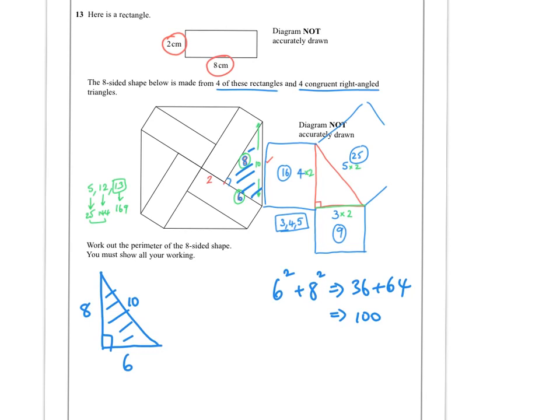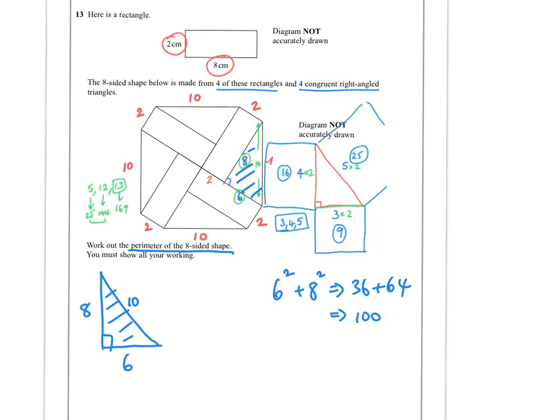So we know all the lengths now for finding the perimeter of the 8-sided shape, because we know for sure that these lengths are 2. And then we've got basically some 10s here.